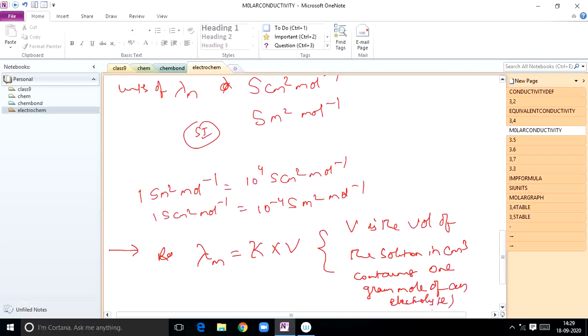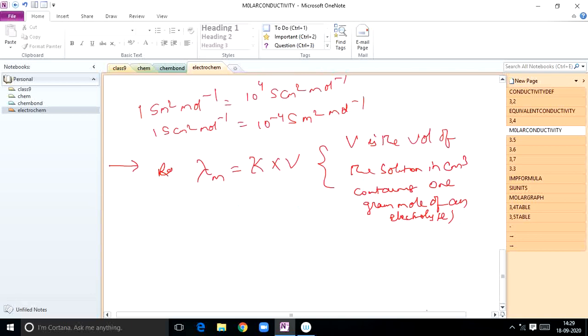So that is the V. Okay. So this is also important. Volume is measured in ml here. 1 centimeter cube is equal to 1 ml. Remember that, students. So 1 dm cube is equal to 1 liter. Remember that.